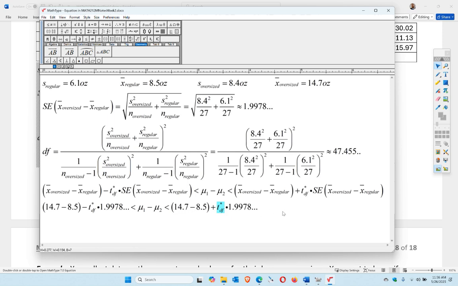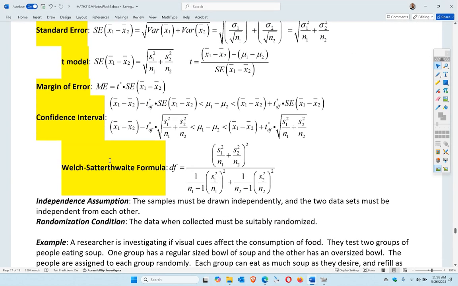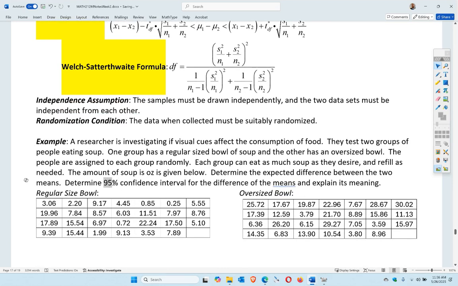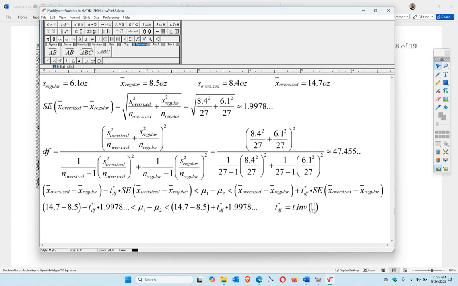So t is going to be t dot inverse, parentheses. All right, so we need to know, if we go back up to here, it's supposed to be a 95% confidence, which means 5% not confident, so half that's 2.5, so that's 97.5. So we're going to have 0.975, comma, degrees of freedom.